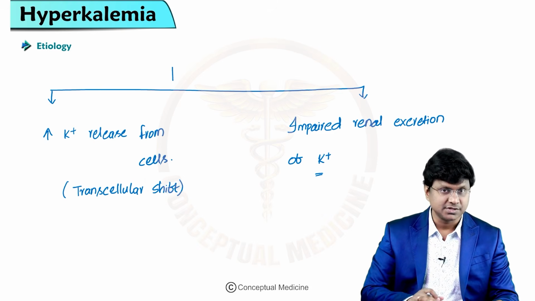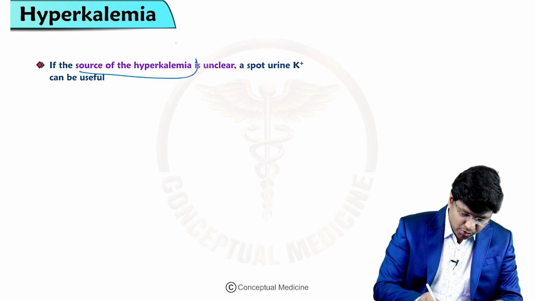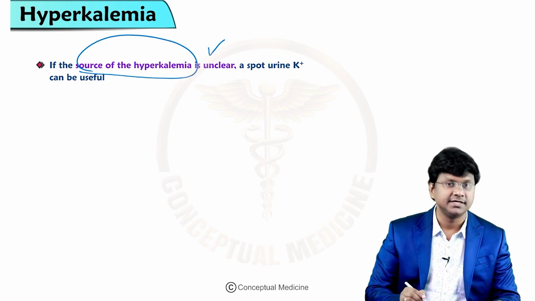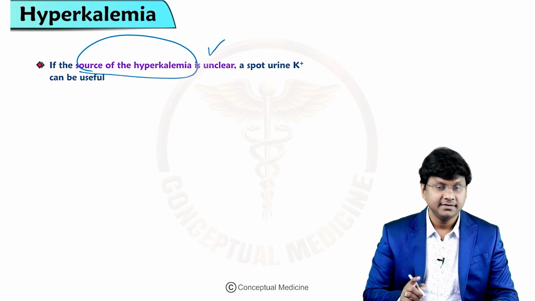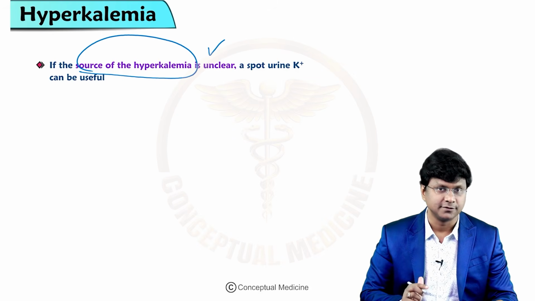And suppose, apart from these two, if the source of hyperkalemia is unclear, then a spot urine potassium can be useful.